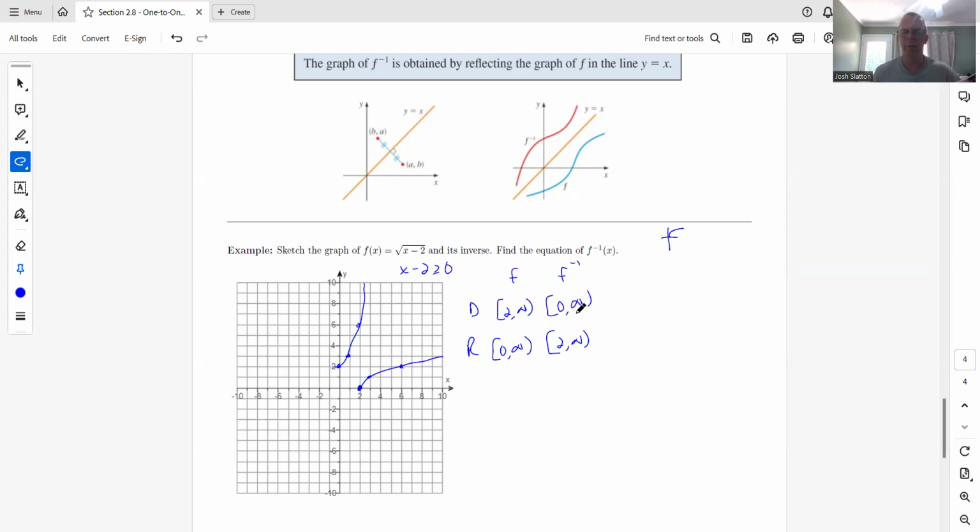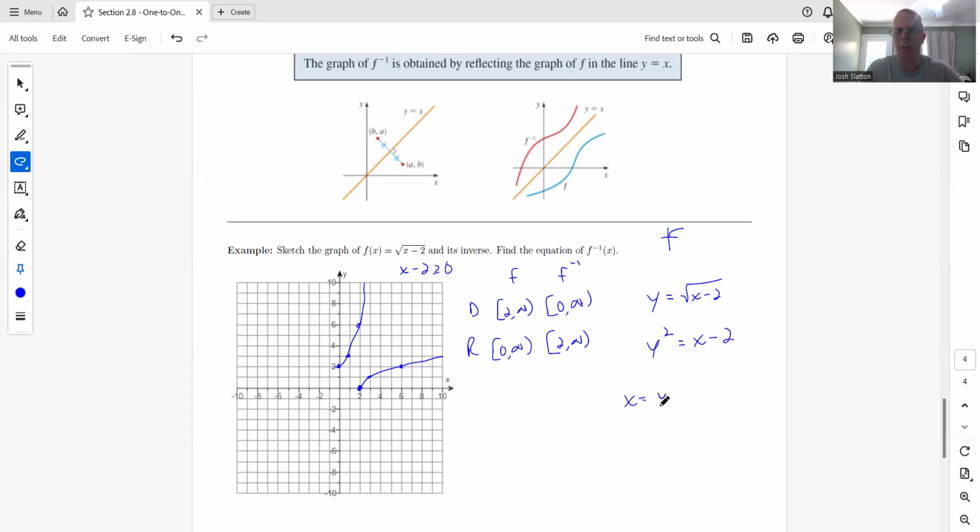And so that can help also when you're trying to graph this. But you can also find the inverse and then graph the inverse, as long as you pay attention to this part. So let's find the inverse. So we have y equals square root of x minus 2. We need to solve for x, so let's square both sides and bring the 2 over.